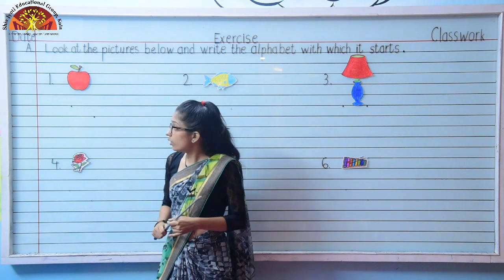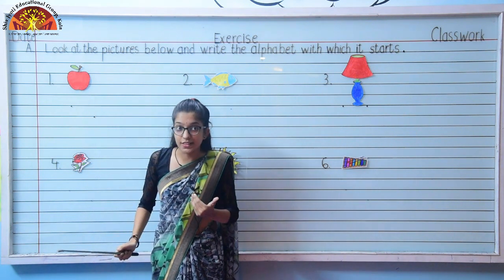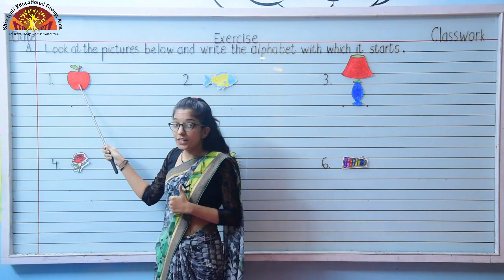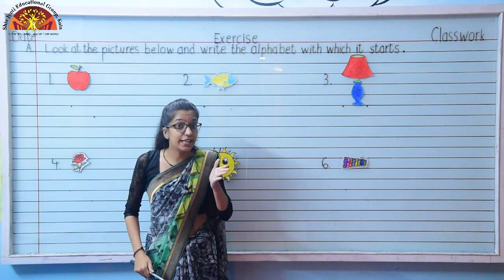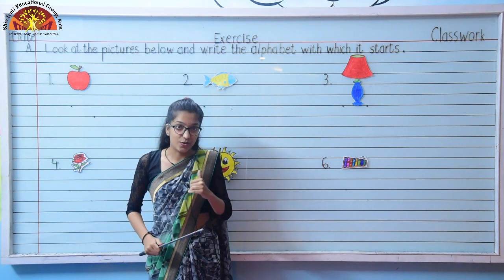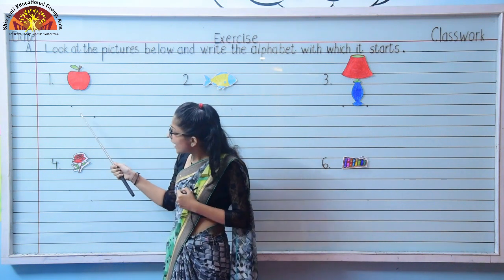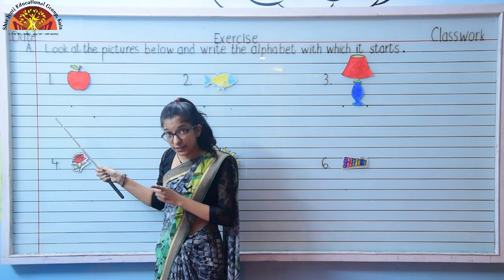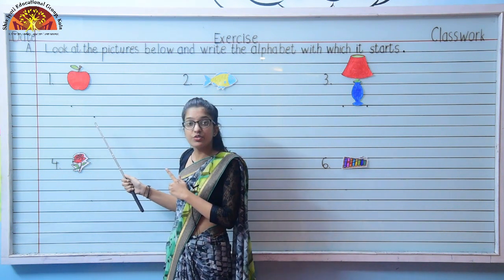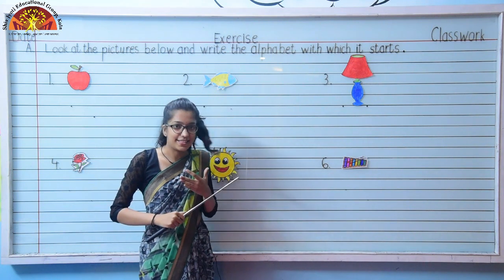For example, look over here. This is a picture of an apple. The spelling of apple starts with letter A. So you have to write here letter A. First you have to write capital letter A, then here you have to write small letter A. Like this you have to do this exercise.